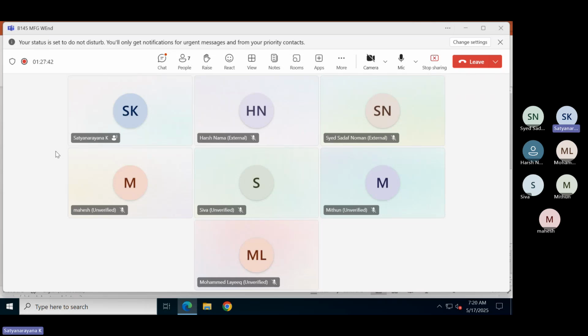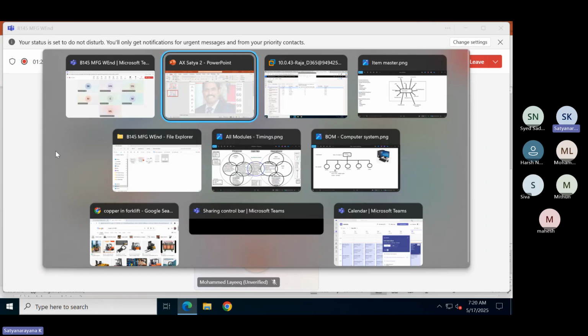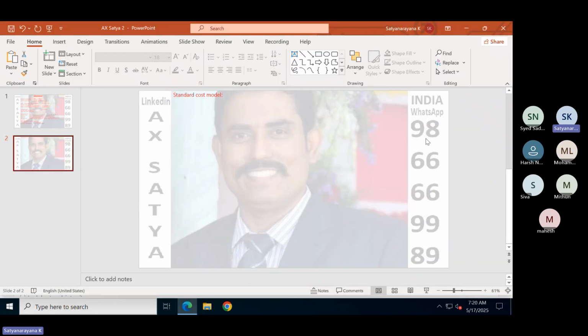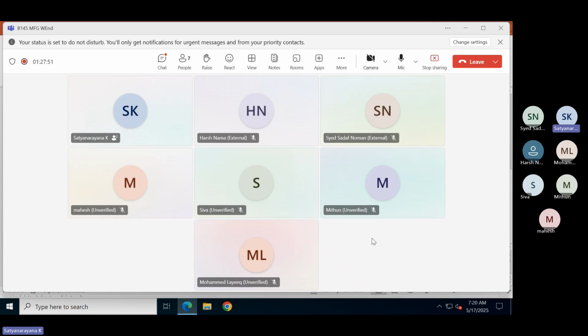Okay. Mahesh, if you don't mind, can you ping me hi in my WhatsApp? My number, Mahesh. I will add you into my batch 145 group. Mahesh, can you ping me hi? Am I audible to you, everyone? Yes, yes. So I'm going to change the link from tomorrow.